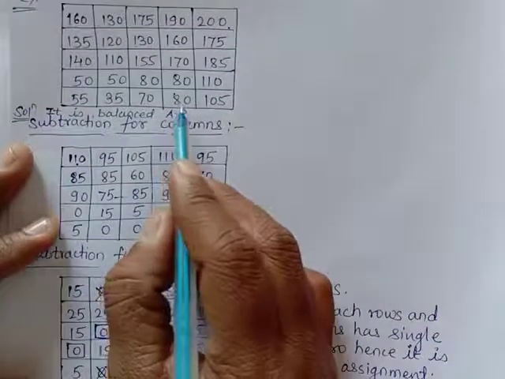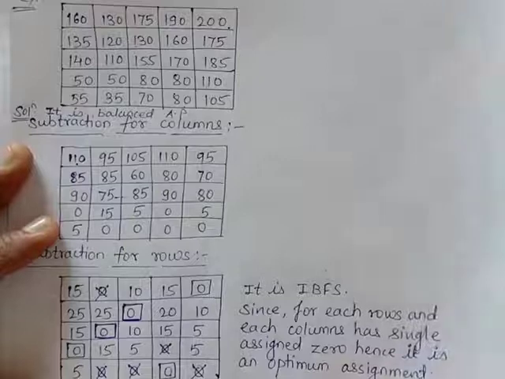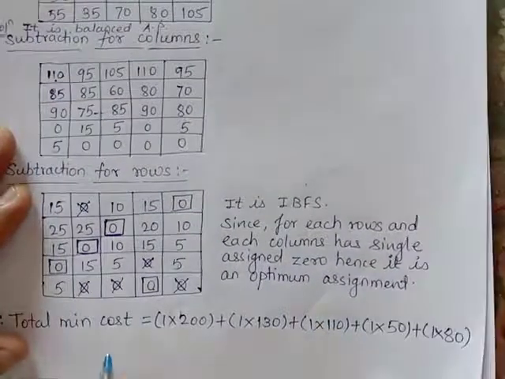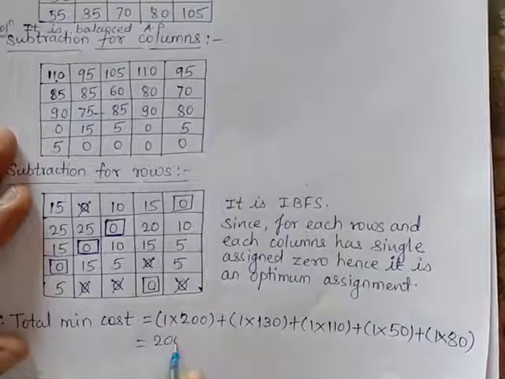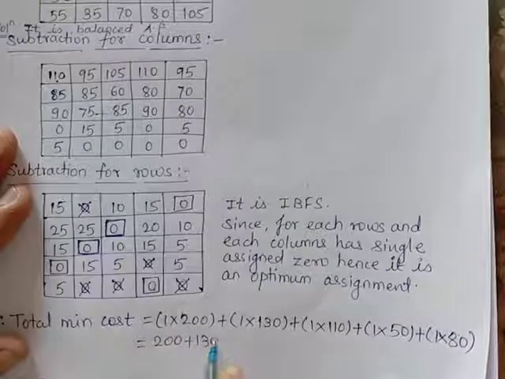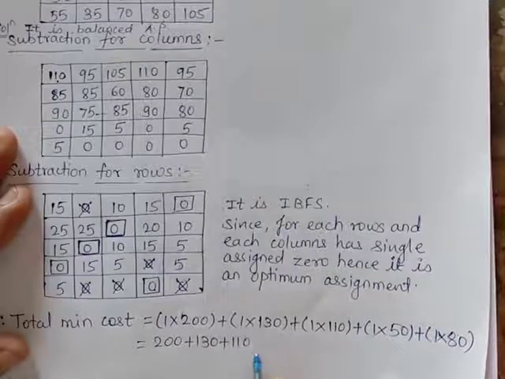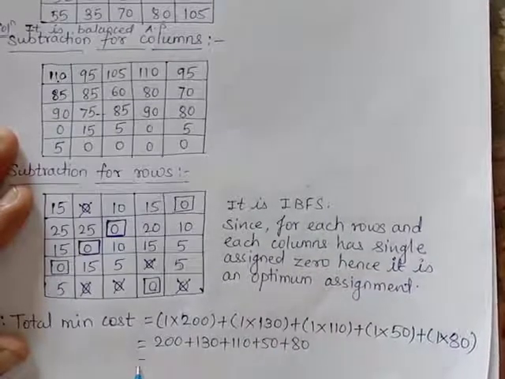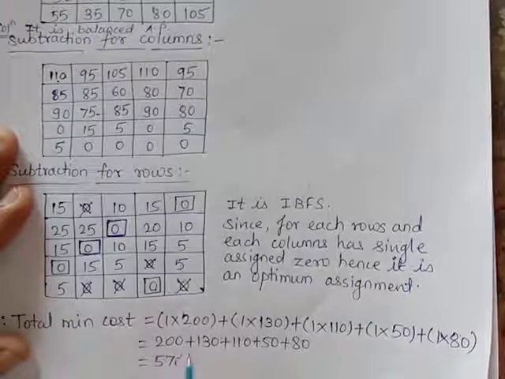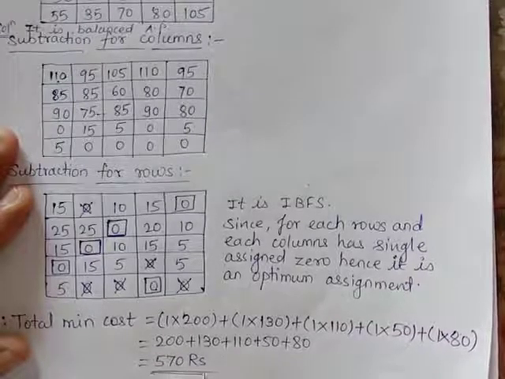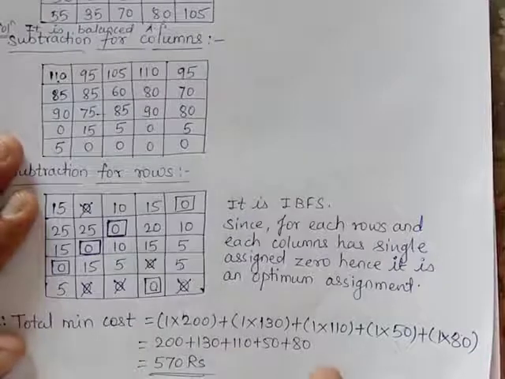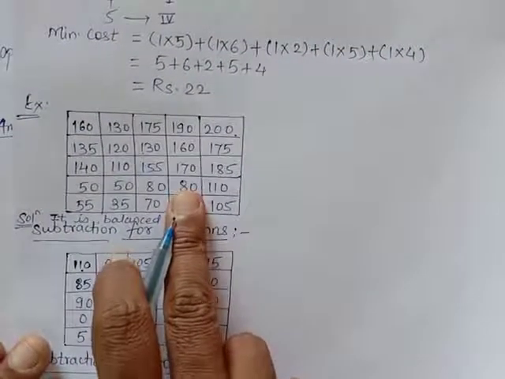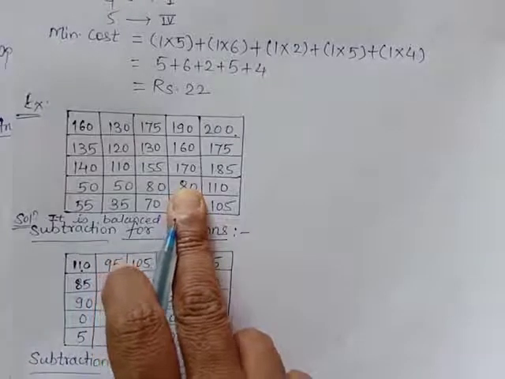At this position it will be 80. So it is 200 plus 130 plus 110 plus 50 plus 80. So it is 570 rupees. Rupees 570 only. Now the same problem I am giving you as homework.